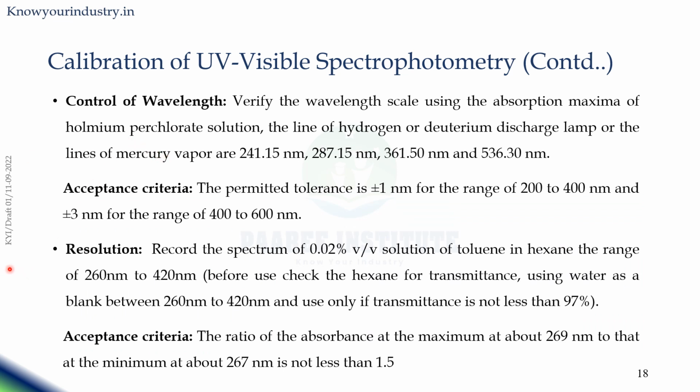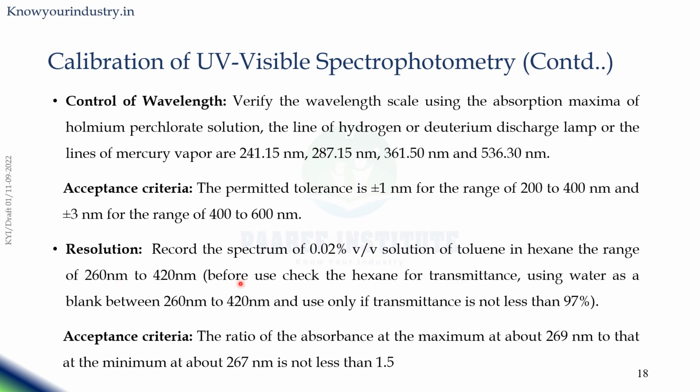In addition to the control of absorbance, the control of wavelength will be verified using absorbance maximum of chromium perchlorate solution at different wavelengths. The acceptance criteria is the permitted tolerance of plus or minus 1 nanometer in the range of 200 to 400 nanometer and plus or minus 3 nanometer for the range of 400 to 600 nanometer.